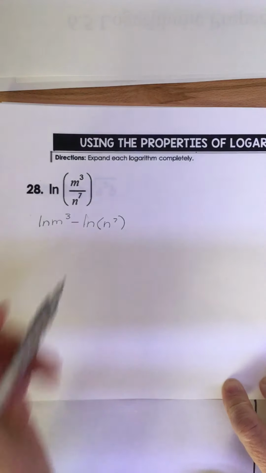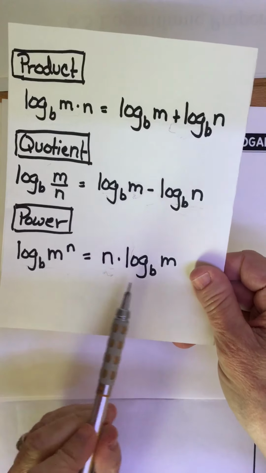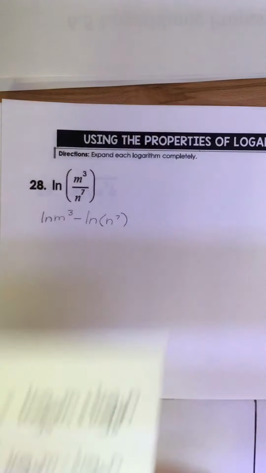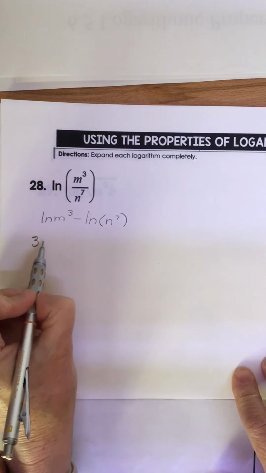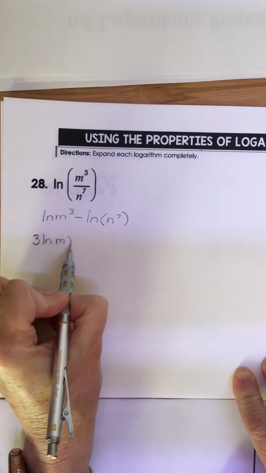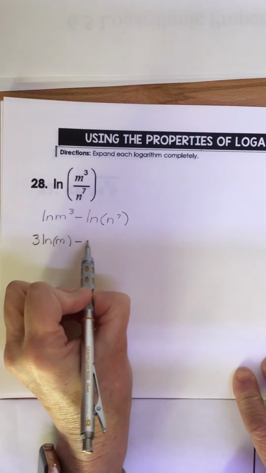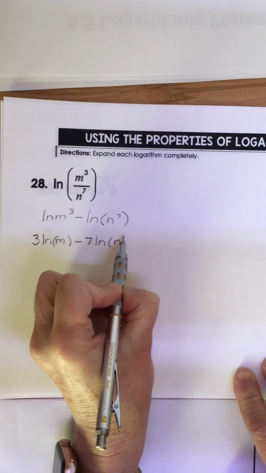All right, and so now we're going to be using the power property here. We're going from here to here. So this becomes 3 times natural log m minus 7 natural log n.